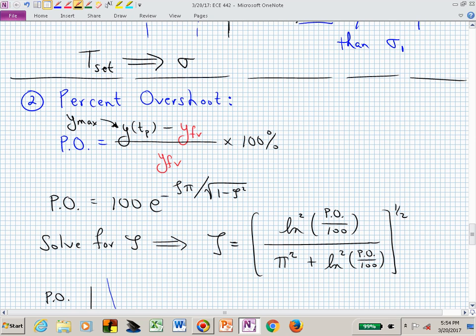Or if you relate that to the time domain expression and find the percent overshoot formula in terms of zeta and omega sub n, actually it's just a function of zeta. The percent overshoot is 100 e to the minus zeta pi over the square root of 1 minus zeta squared.